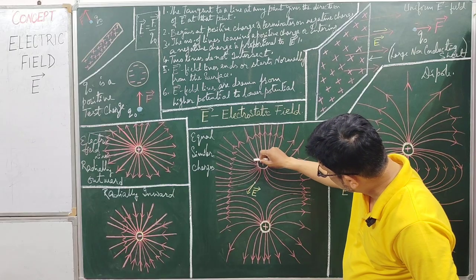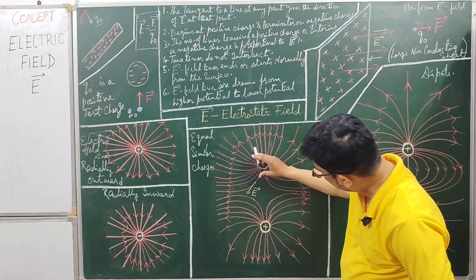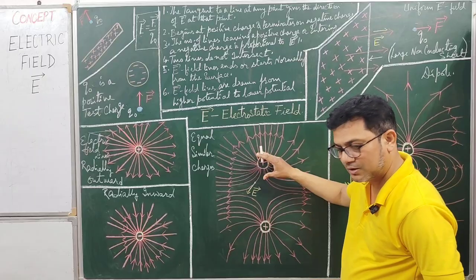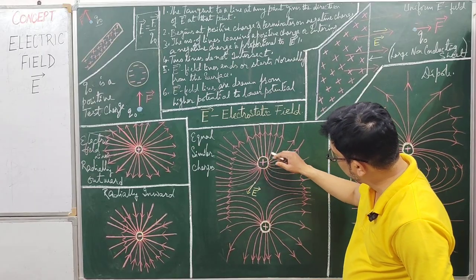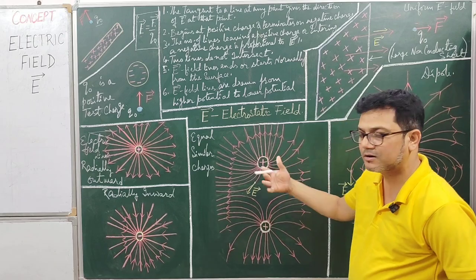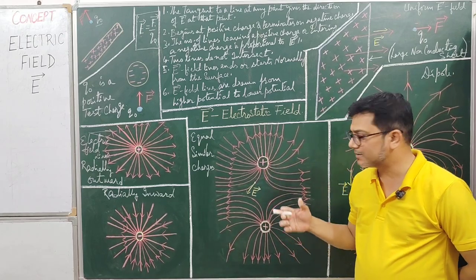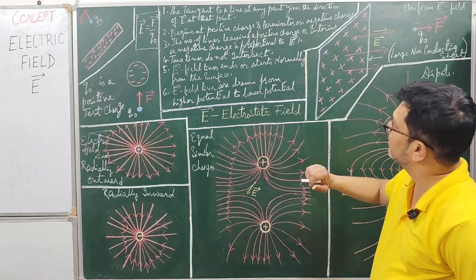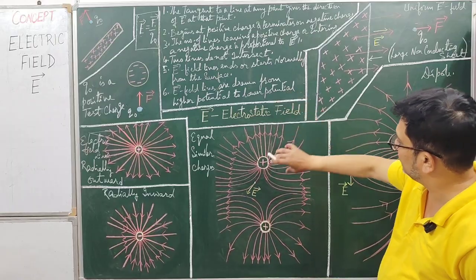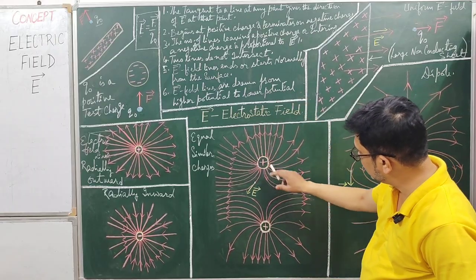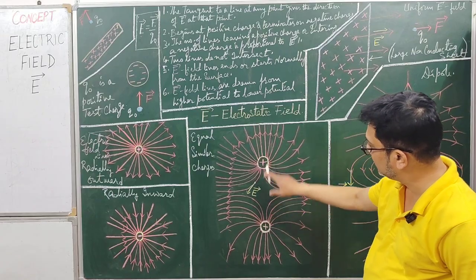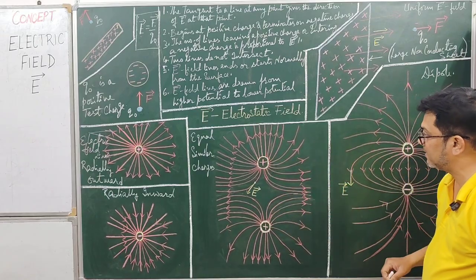Why is it dense? Because the number of lines coming out per unit area, perpendicular to the plane, is more. So the number of lines leaving this positive charge and entering this is proportional to the electric field. When we draw the pattern, we need to keep that in mind.